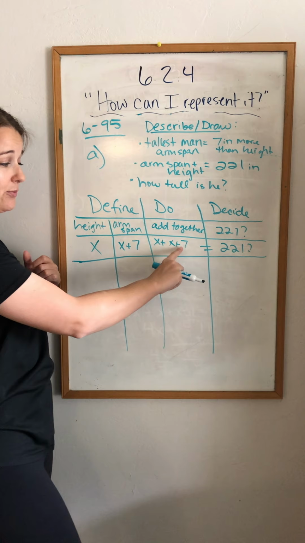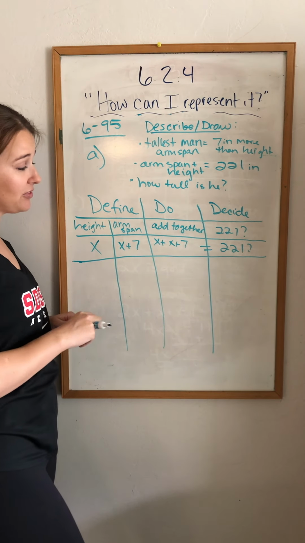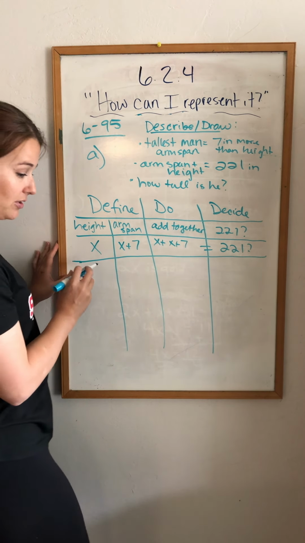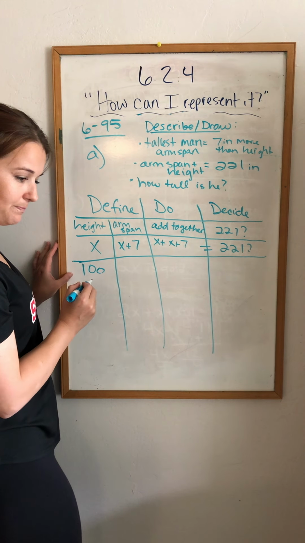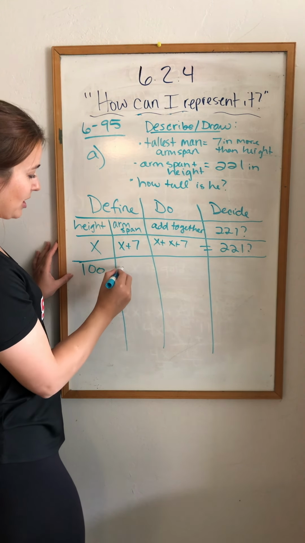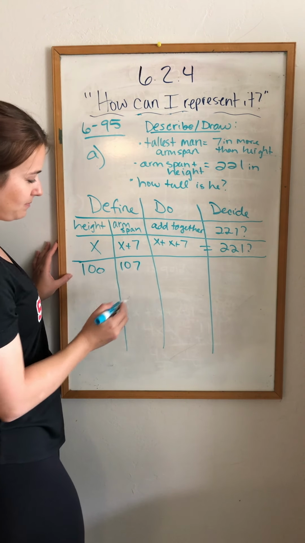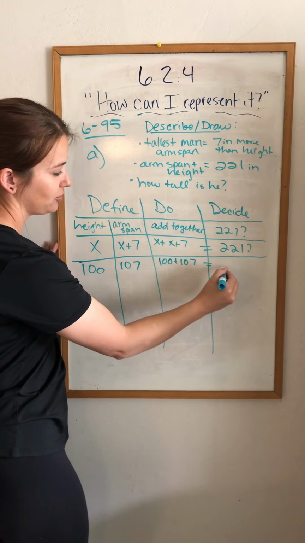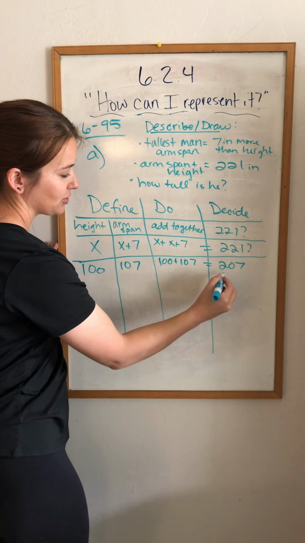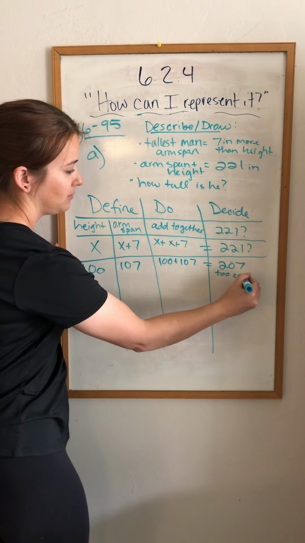However, if you do notice that we have an equation already, you can probably solve it faster than I can do the trials. So I picked a number for x, I picked 100. And so this would be 100 plus 7, which is 107. And 100 plus 107 gives me 207, which was just a bit too small.